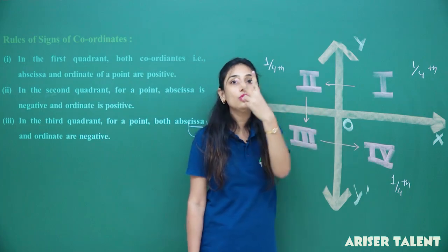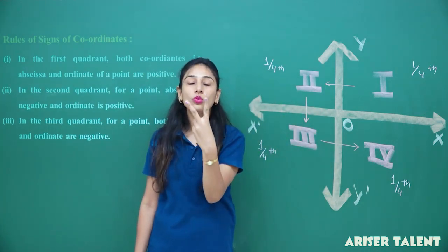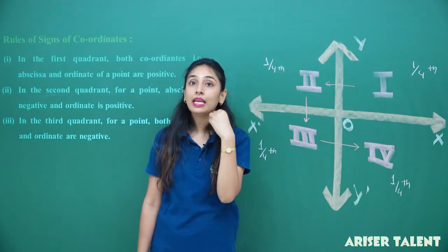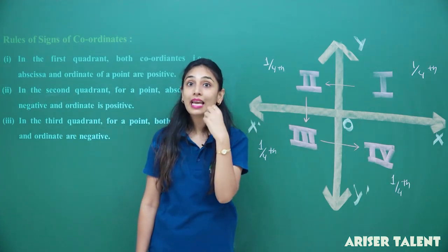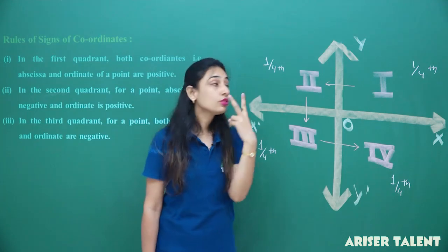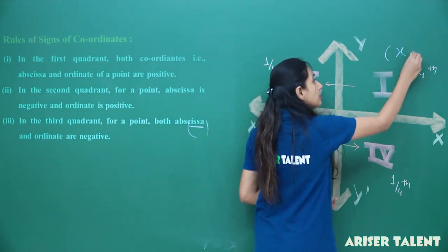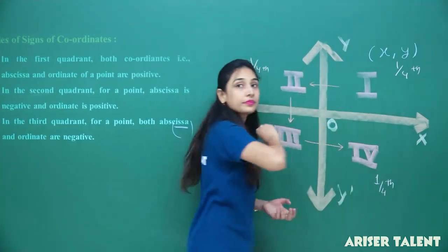Now tell me those two things I have told you about the point: the abscissa and the ordinate. Here that will be x and y.